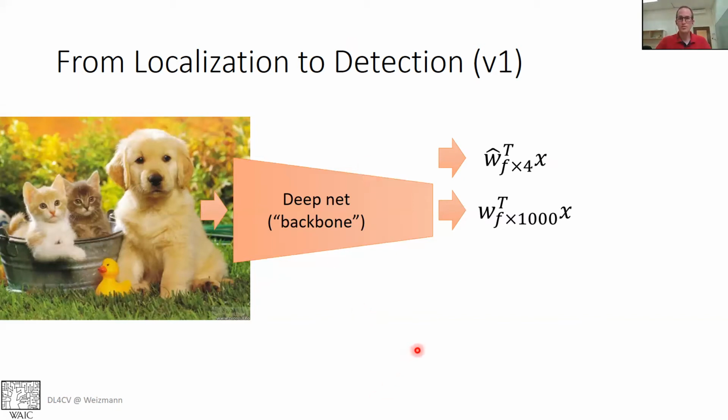What we can't do is the fully connected layers, but it's very easy to replace them with a one-by-one convolution. So if we have a linear operation from this feature dimension F to 4, and from this feature dimension to the number of classes, then we can convert them to a one-by-one convolution on this F-dimensional feature map.